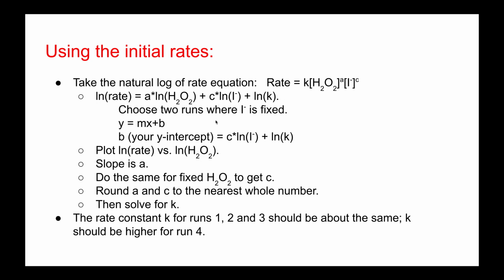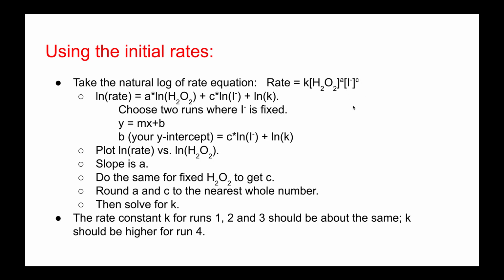So we have something that looks like y equals mx plus b. So you can plot the natural log of rate on the y-axis versus the natural log of the concentration of H2O2 on the x-axis, and your slope will be a. You do the same thing while varying I minus, and you get c. Then now you have your orders of reaction.